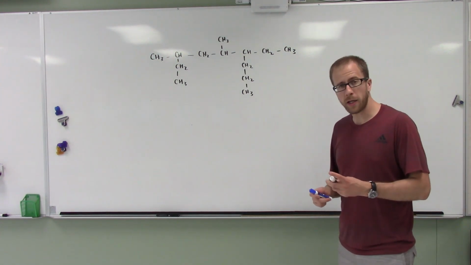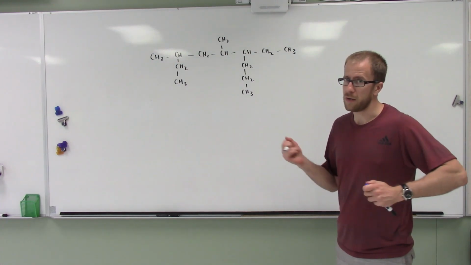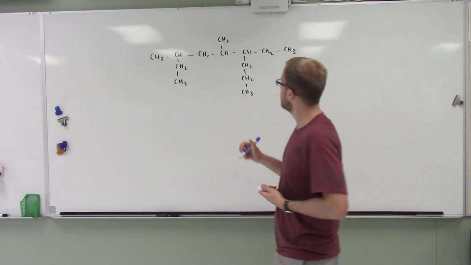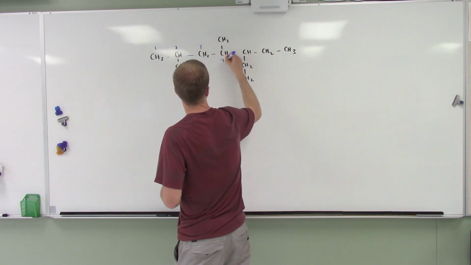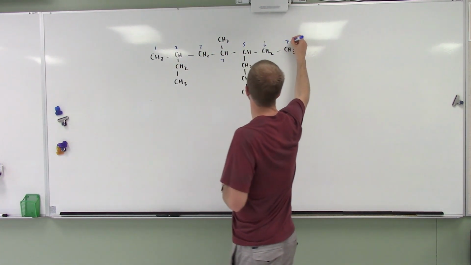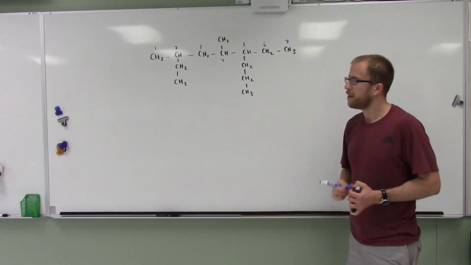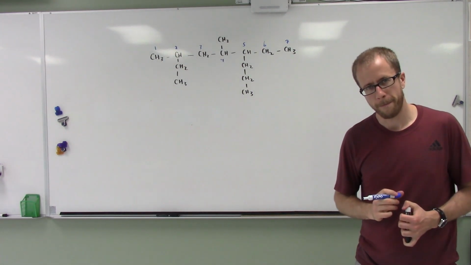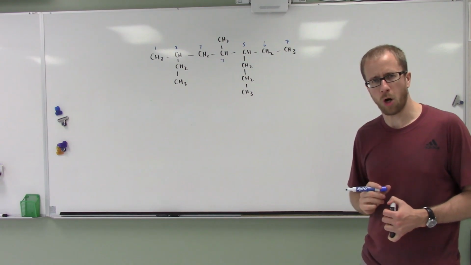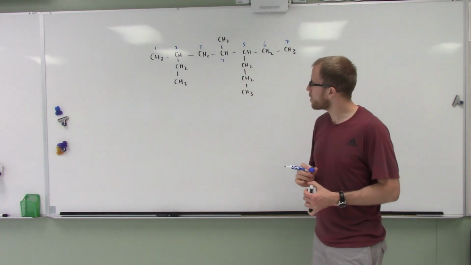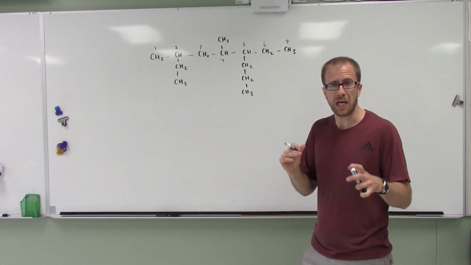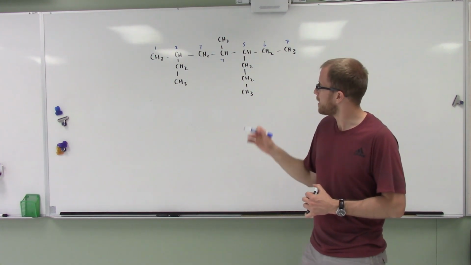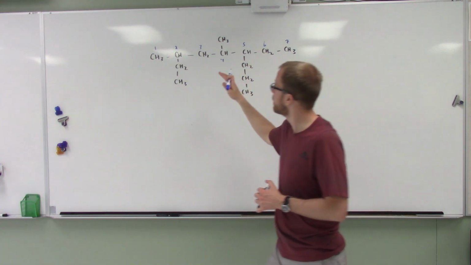Now, our longest chain here, you may be very tempted to do something like this and say 1, 2, 3, 4, 5, 6, 7, but that would be wrong. Why is that wrong? This is where we've got to look and really ask ourselves, what is the longest chain of carbons? It's not straight from left to right.